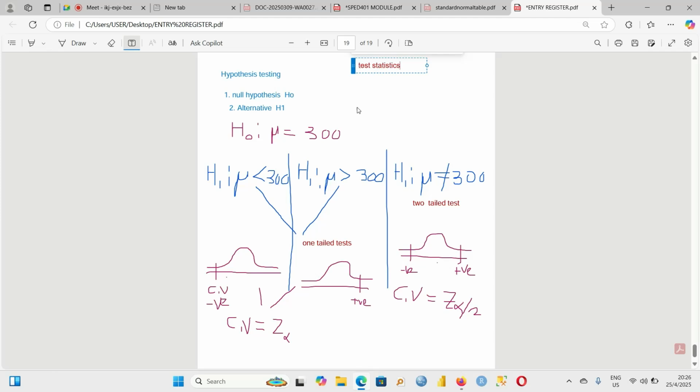And what is our test statistic? It will be x bar, that is the sample mean, minus mu, over sigma, which is the standard deviation, times root n. That is our test statistic. All the values you'll be given.